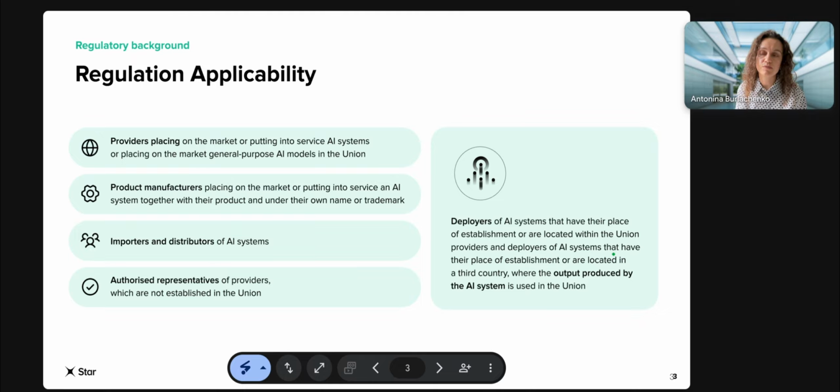Those deployers may be established in Europe or in a third country, as long as the output produced by the deployed system is used within the European Union. They also have to follow their obligations. And certain obligations are also relevant for other roles such as importers, distributors, and authorized representatives.